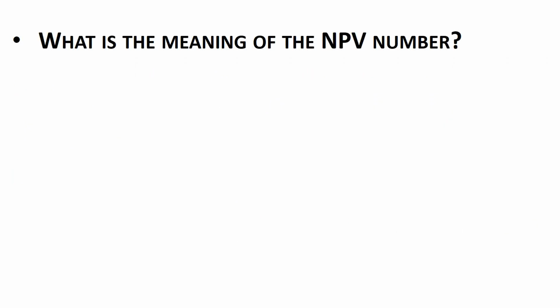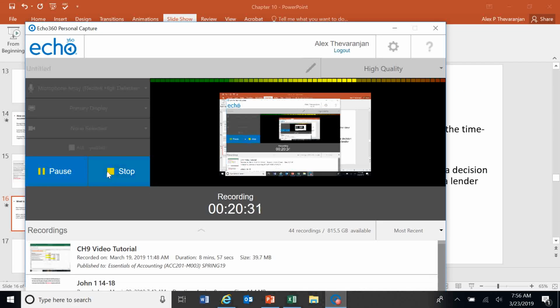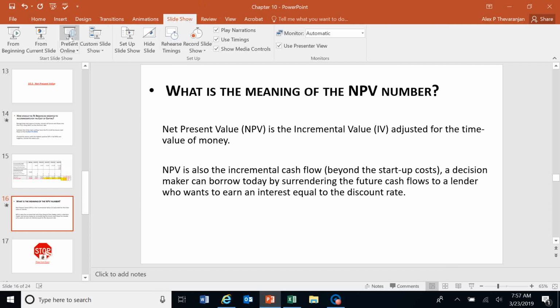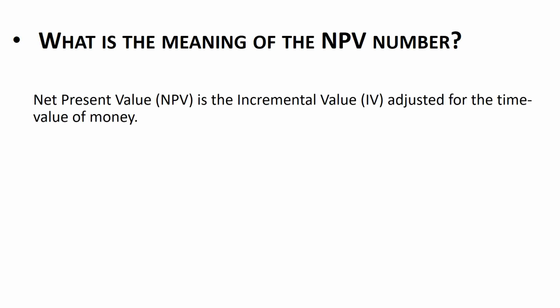Okay. What is the meaning of the NPV number? So NPV is replacing our incremental value, right? So it's very important we understand the meaning. So net present value is basically the incremental value, but adjusted for the time value of money. Before, we just added all the cash flows without taking into account when the money is coming. But now we adjust all future cash flows.